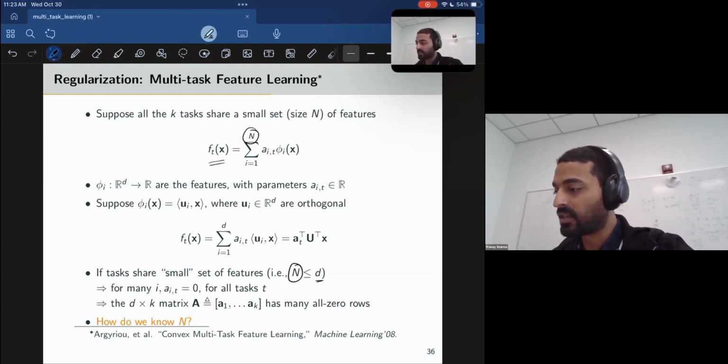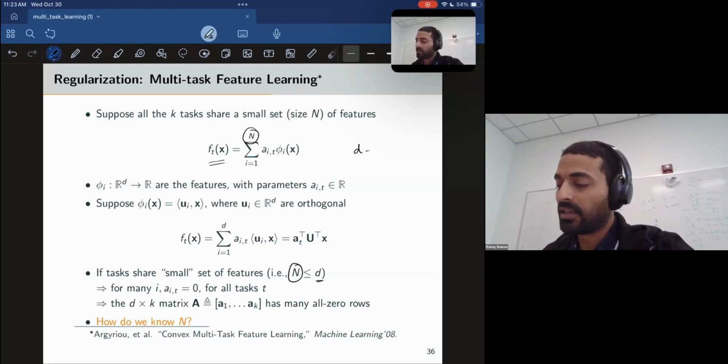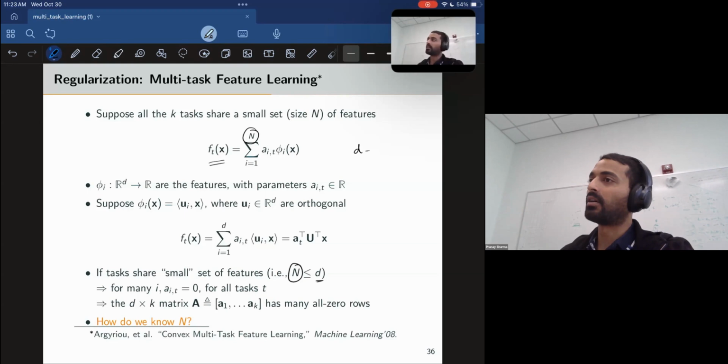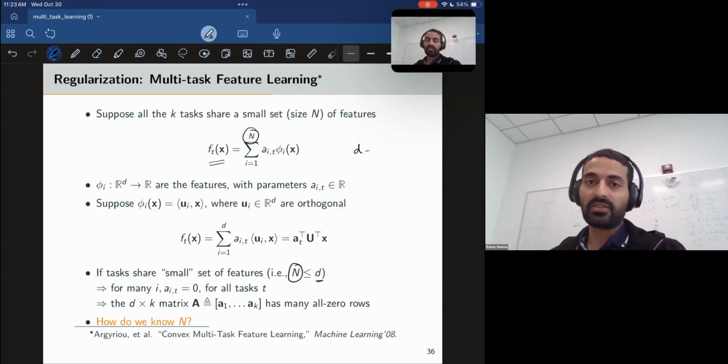Why reduce the number of features? For example, your D can be very large, right? In some tasks, you don't know what good features for that task are. In that case, you can collect a lot of information and design a lot of features, and not all of them are good, right?